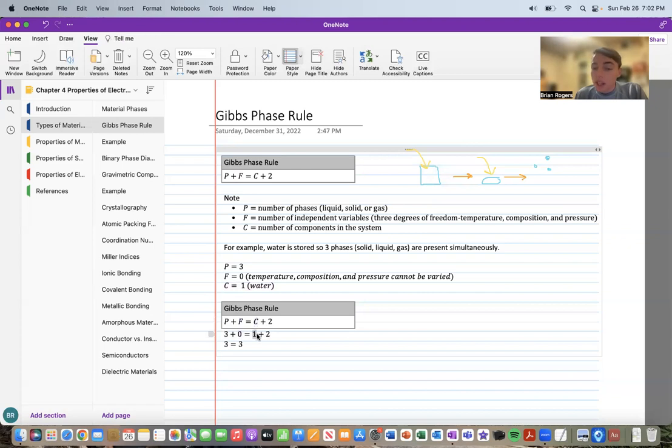And so plugging that in, now we're looking at the equation 3 equals 3, which makes sense. The equation is supposed to be equal on both sides. And so if we're able to get the left and right hand sides to be equal, then that means that the Gibbs phase rule worked and you properly identified everything in your system.